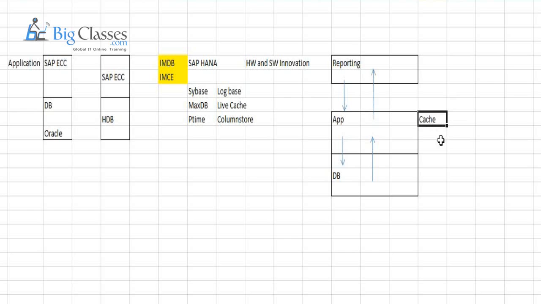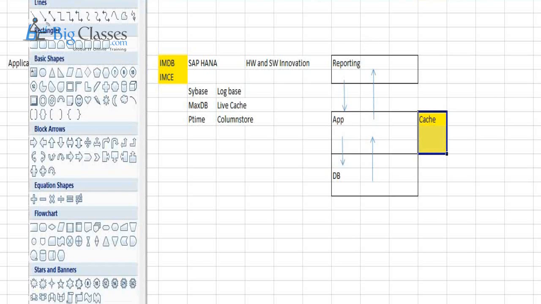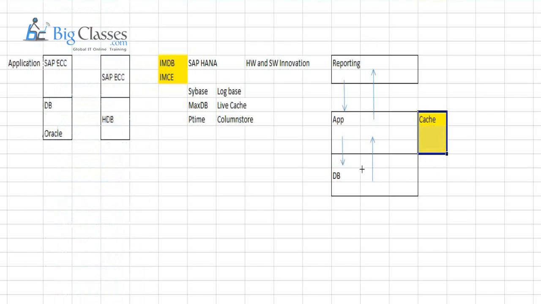So live cache is a concept where whatever data is required for the purpose of this reporting or ad hoc reporting will be captured and pushed into your cache box, right? It will be pushed into your live cache system. Every time your report interacts with the application, instead of going to the database, it will go to the cache, and then the cache will respond back to the application.